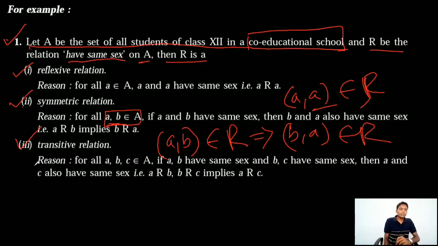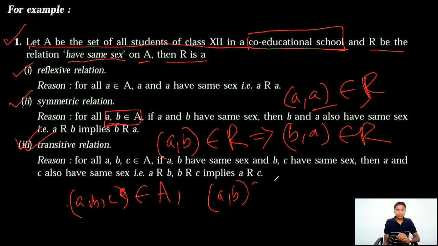Now for condition 3, transitivity: if A, B, C are any three students belonging to set A, suppose AB belongs to R and BC belongs to R. That means student A and student B have the same sex, and student B and student C have the same sex.